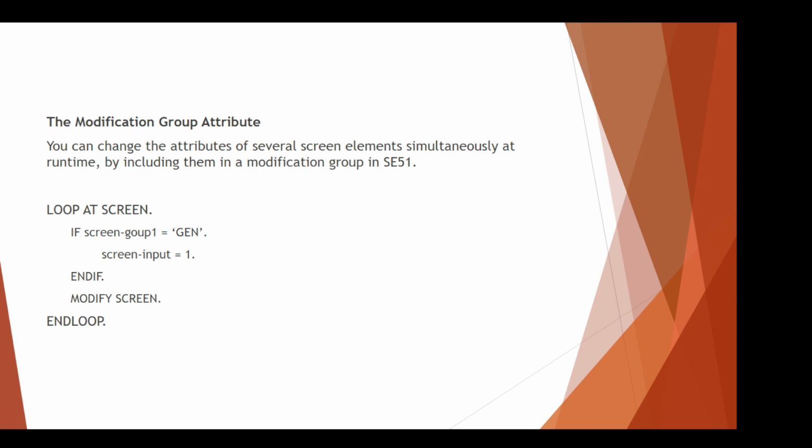Another new feature that SAP provided for module pool programming is the modification group attribute. SAP provided in the screen table 4 types of group options, and with these we can categorize the different screen elements into different groups, and we can modify their element attributes massively.